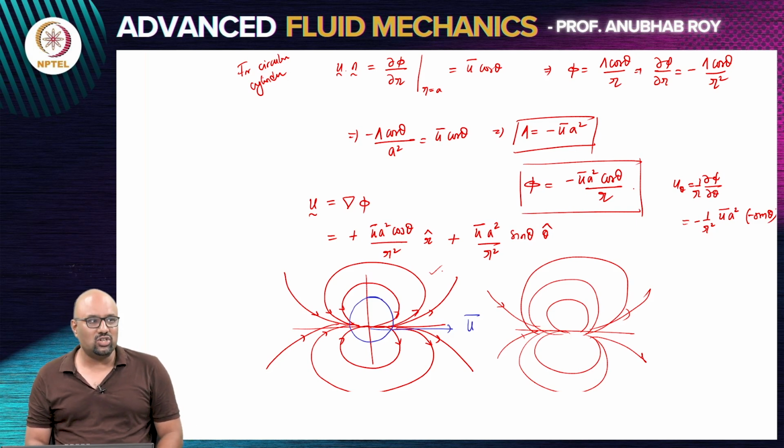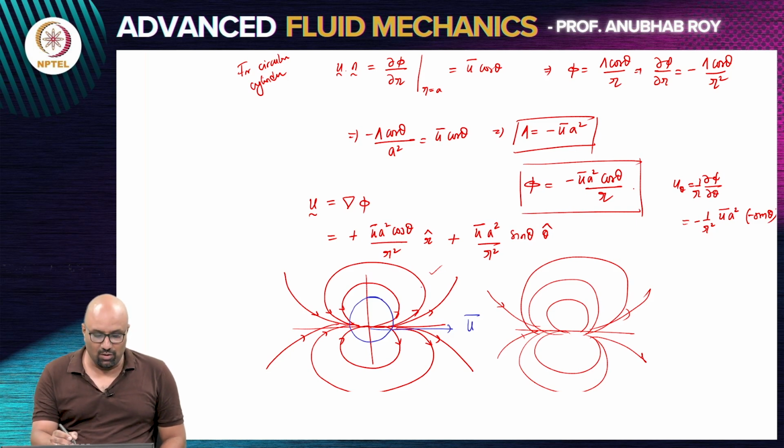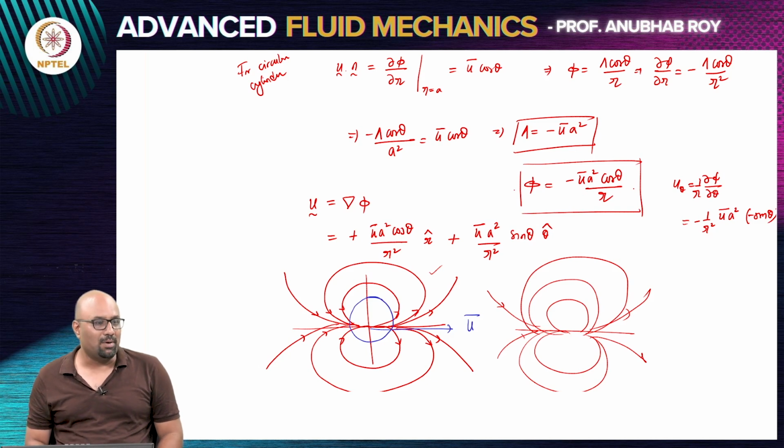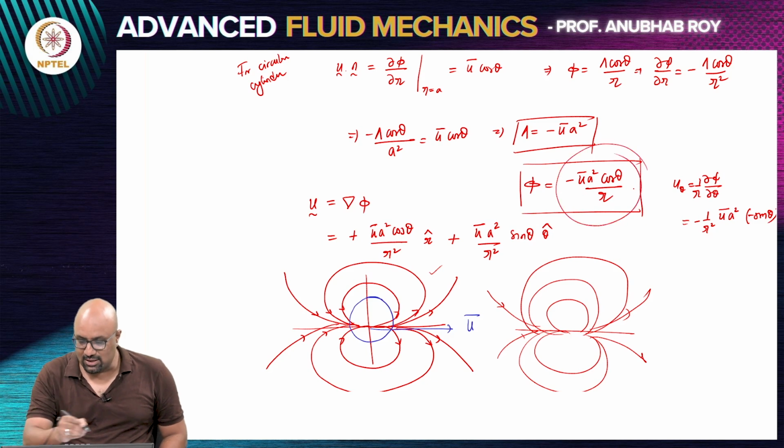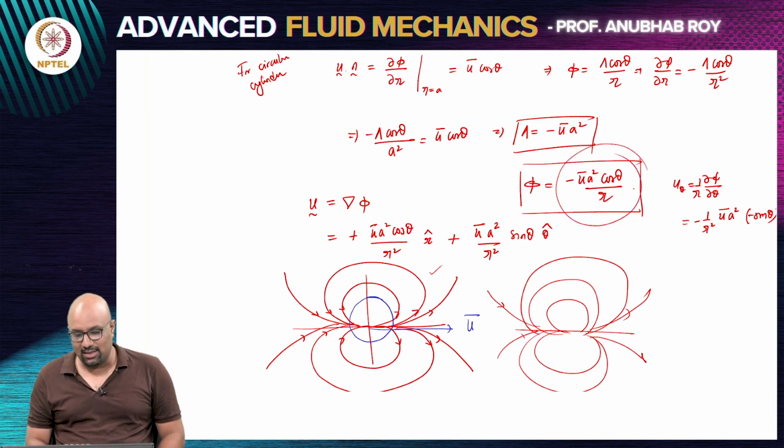This will not change the drag calculation, because we know the contribution from the uniform flow part of the potential does not have any part in the drag or the lift. So, this part is what could give you a drag, and this part continues to give you 0 drag even in this problem. So, there is no change in the scenario that you have.